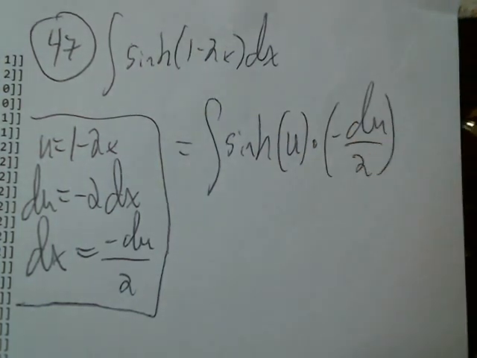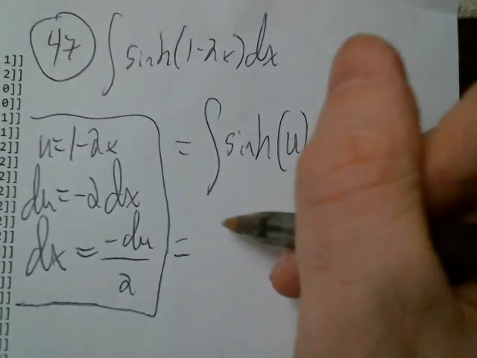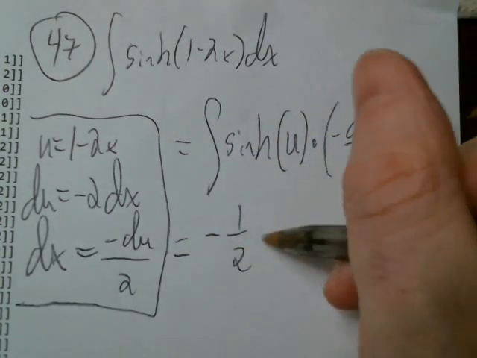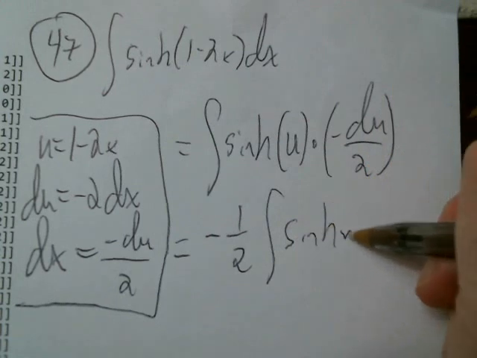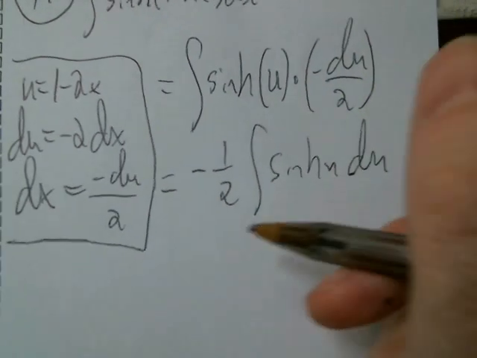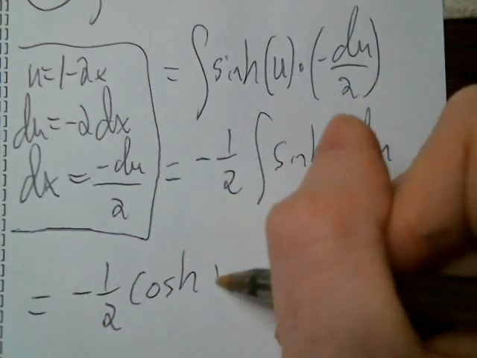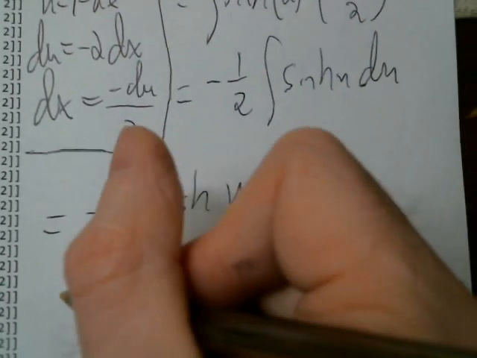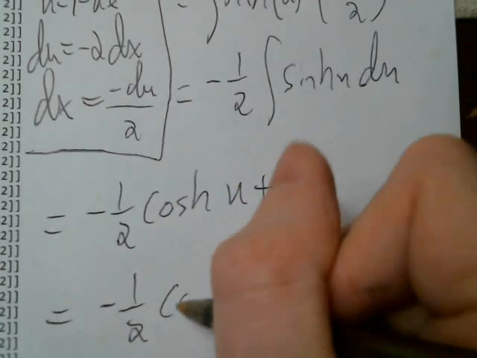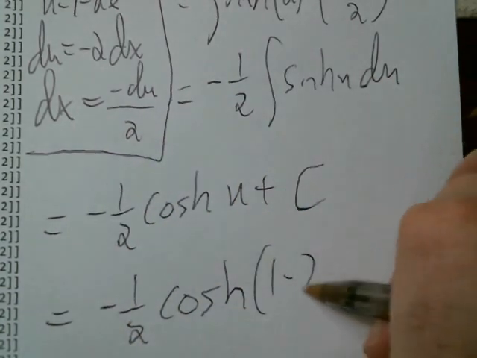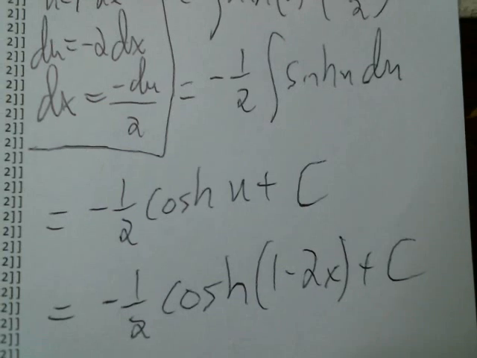You can factor out a negative 1/2, so negative 1/2 integral hyperbolic sine of u du. The integral of hyperbolic sine is just hyperbolic cosine, so negative 1/2 cosh of u plus c. Back substitute: negative 1/2 cosh of 1 minus 2x plus c.